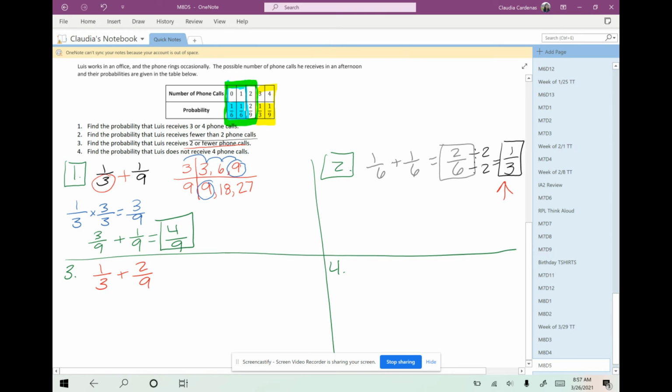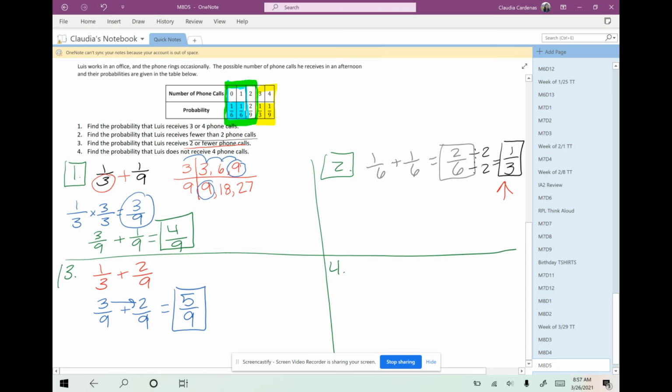But luckily, we already found the common denominators up here, so I can rewrite this as 3/9 plus 2/9, and now we can add them together by adding those numerators on the top, and we get 5/9. This probability can't be simplified, so we are going to keep it as 5/9. So the probability of Luis receiving fewer than 2 phone calls was 1/3, but the probability that Luis receives 2 or fewer phone calls is now 5/9. So that is number 3.